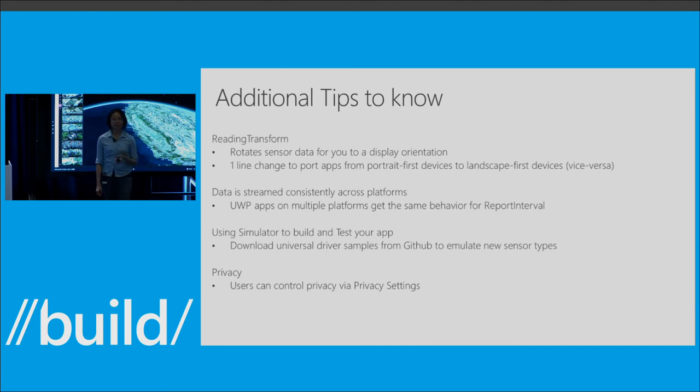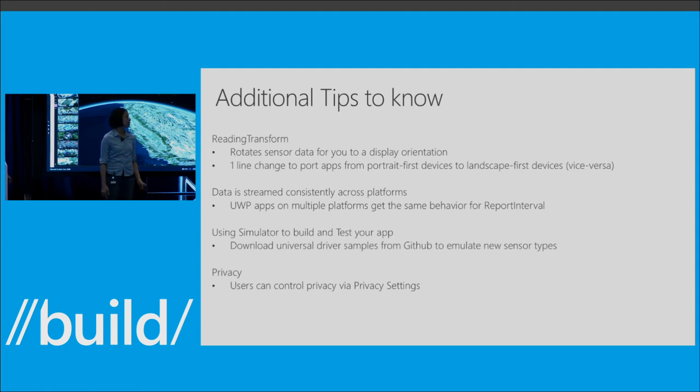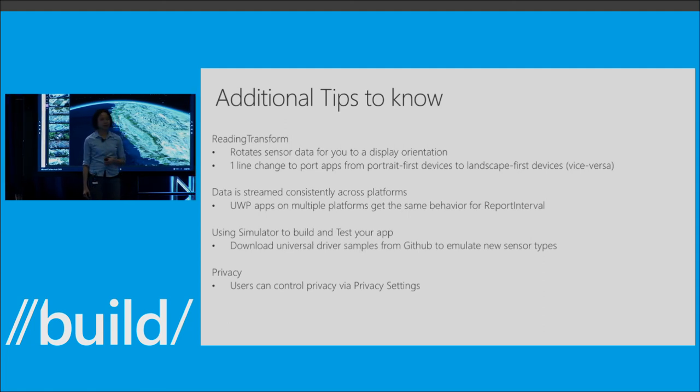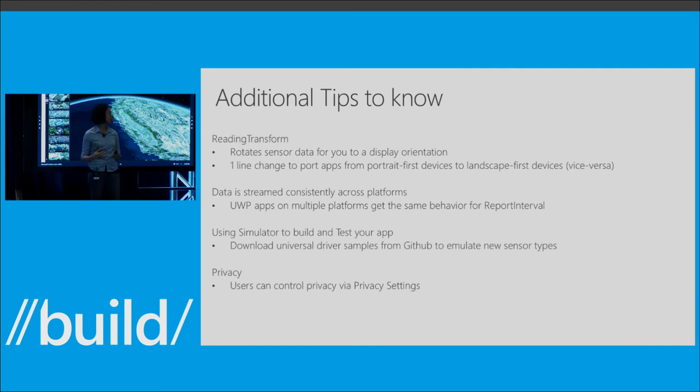So for the last slide, I want to cover additional things that are not very obvious when you talk about sensor APIs. I just want to point these out because these are new features that we're converging towards for Windows 10. So the first thing is the reading transform property. The reading transform property is something that's added to a bunch of sensors, such as accelerometer and gyrometer. Basically what it lets you do is align sensor data to a particular orientation.